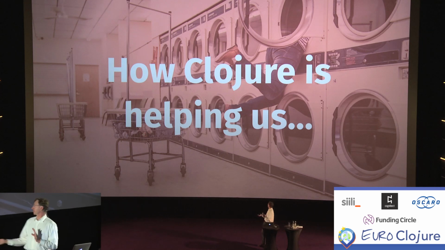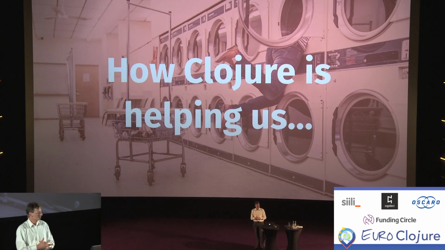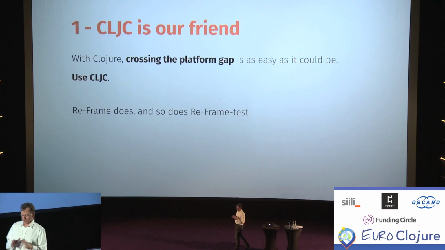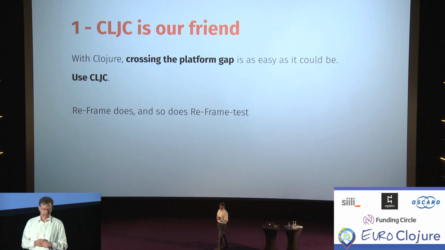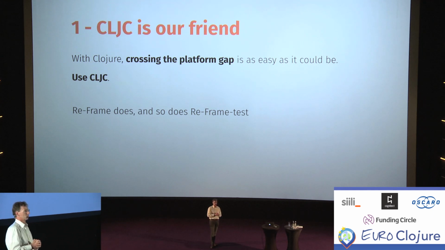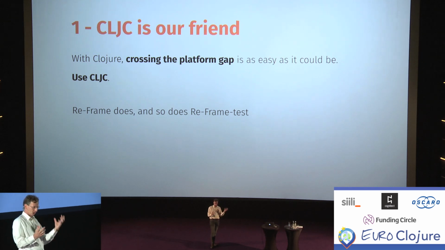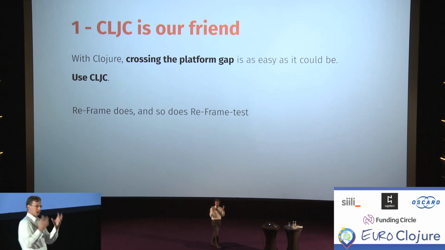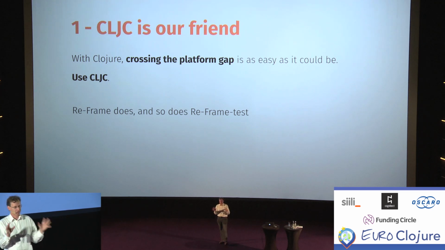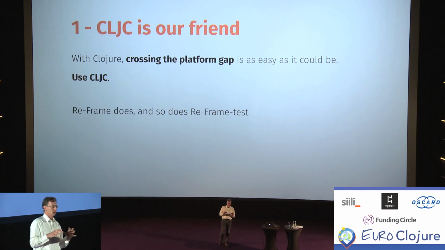When I switch to the second part of my talk, how is Clojure helping us? First of all, and really obvious, is CLJC, which is ClojureScript and Clojure, in that simple example we're seeing, and in the larger example of what we as a company really are doing.